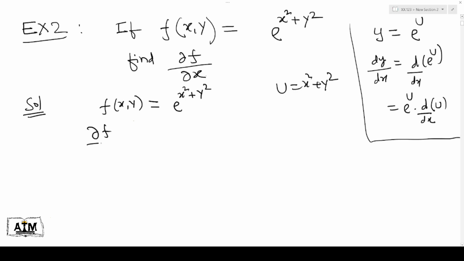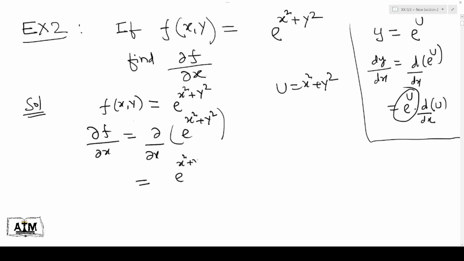So dou f by dou x equals the partial differentiation of e raised to x square plus y square with respect to x, equals, first of all, e raised to u, that is e raised to x square plus y square, multiplied by the partial derivative of x square plus y square with respect to x.